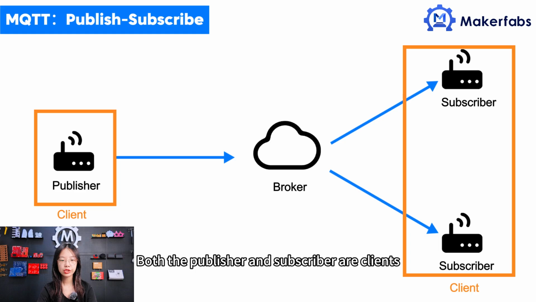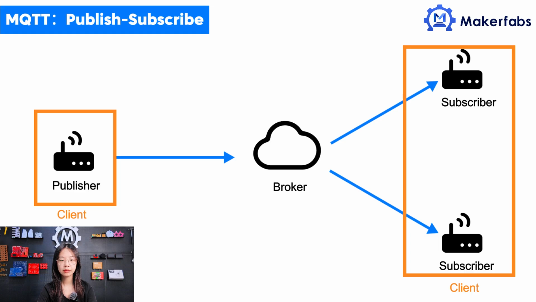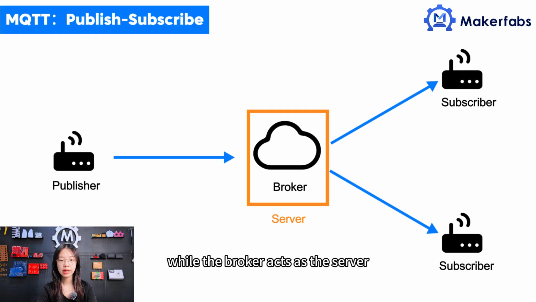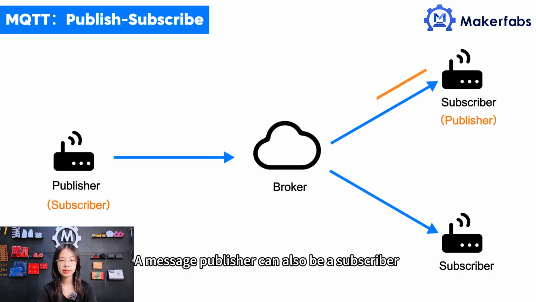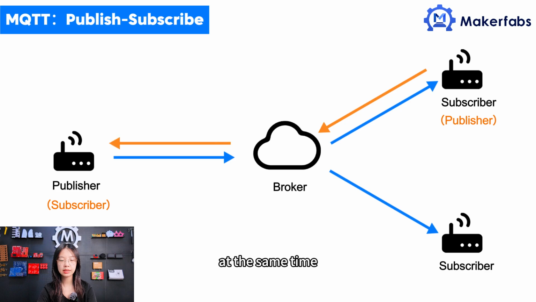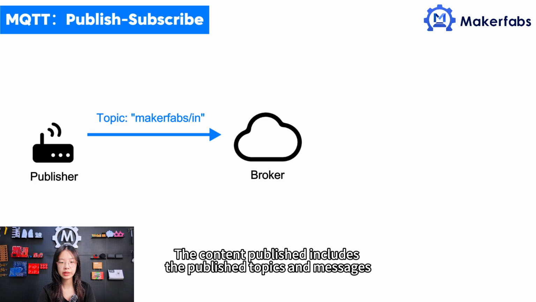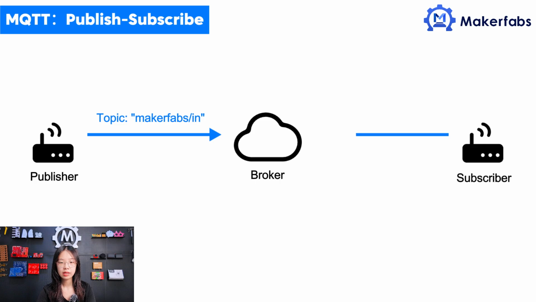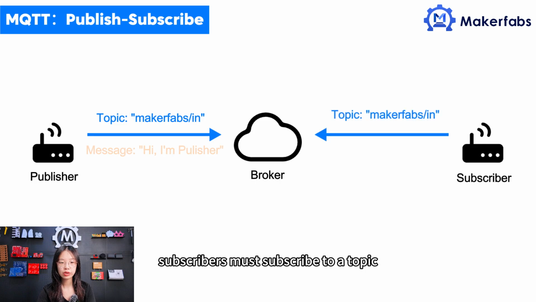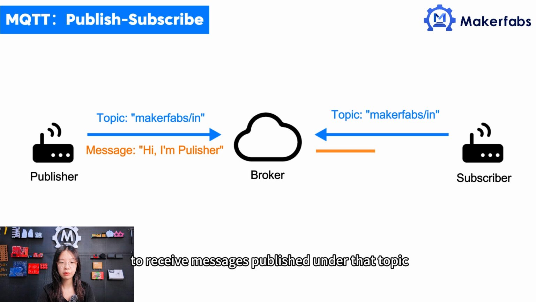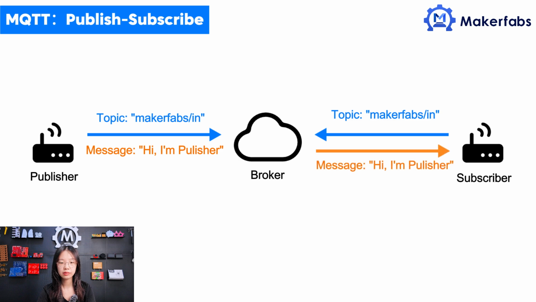Both the publisher and subscriber are clients, while the broker acts as the server. A message's publisher can also be a subscriber at the same time. The published content includes the topic and message. Subscribers must subscribe to a topic to receive messages published under that topic.